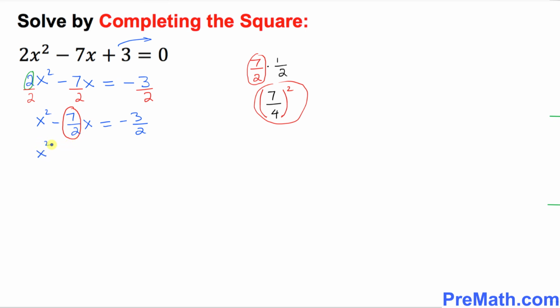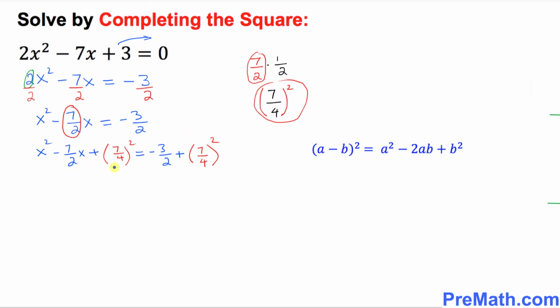I'm going to put down x squared minus 7 over 2 x plus, equal to negative 3 over 2 plus. So now we're going to add 7 over 4 squared on both sides.